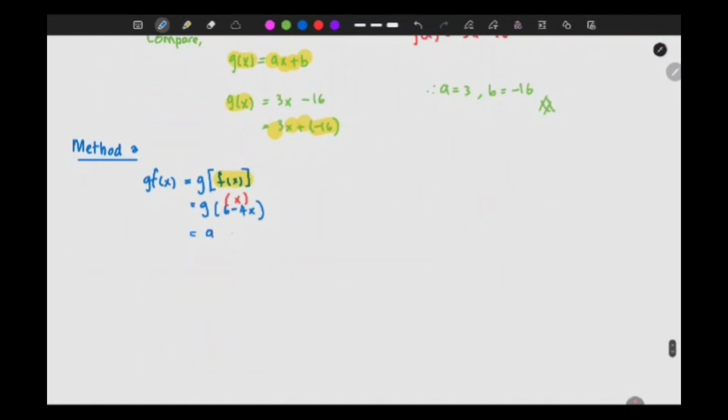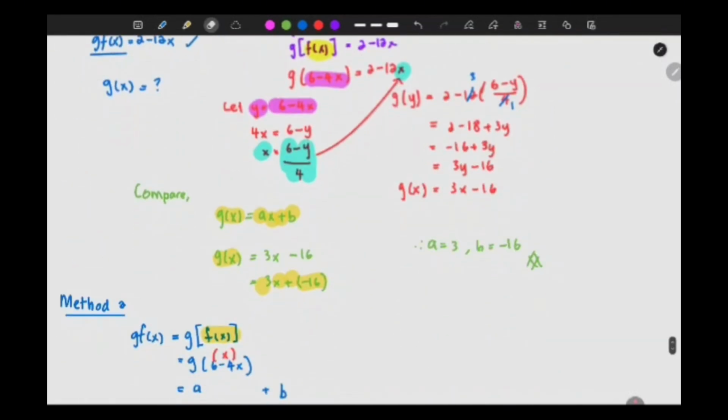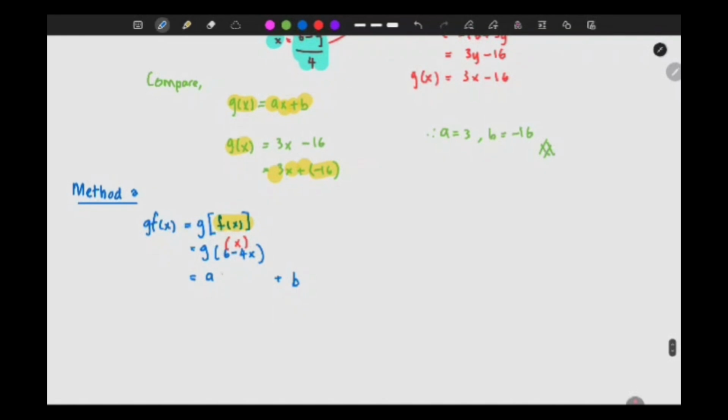And now what do you do? Expand them. 6 times a, 6a. Negative 4 times a, minus 4a x. And don't forget there's plus b. And maybe to make it nicer, since you see the ax at the back, I'm also putting it at the back.